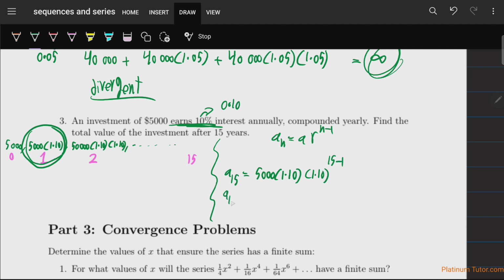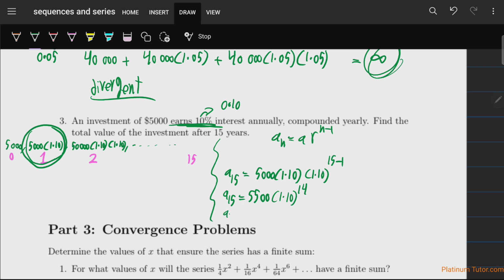All right, so a_15 is, let's see what 5,000 times 1.10 is. So that's, should have guessed this, 5,500 times 1.10 to the power of 14.